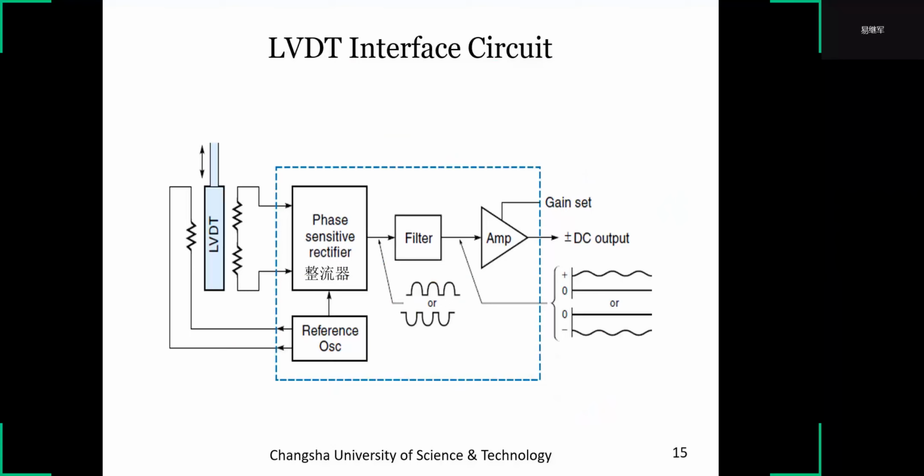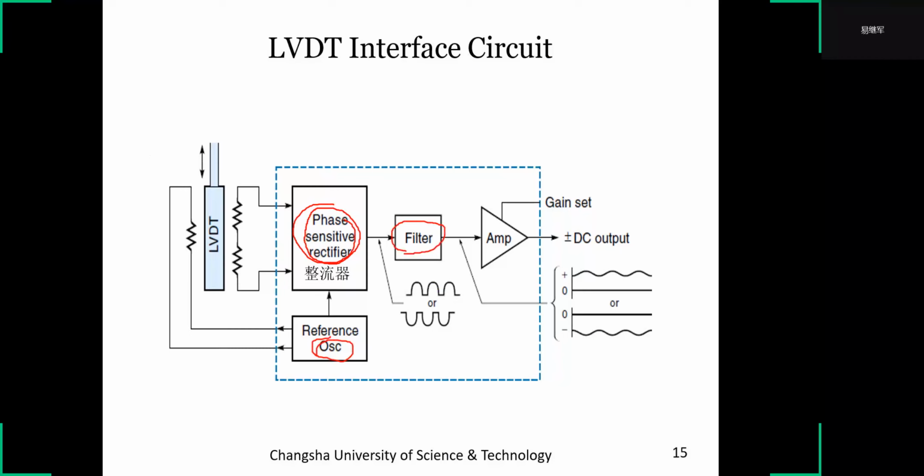This is the interface circuit. Phase sensitive rectifier, and this is the reference oscillator. The signal goes from the rectifier to the filter.